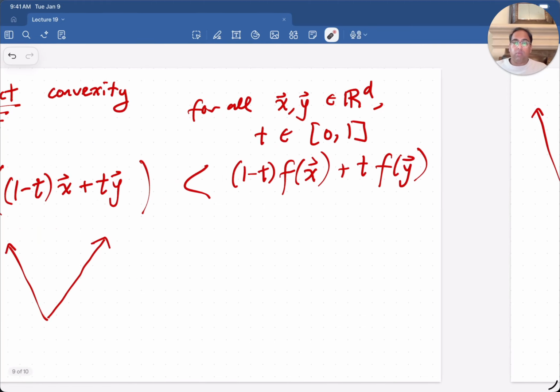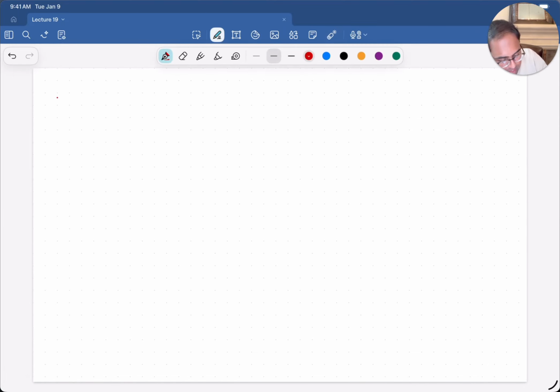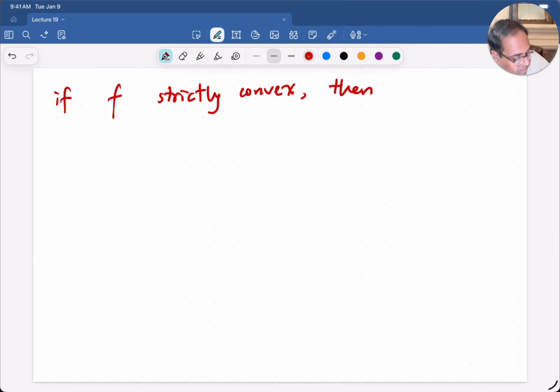And so what I want to prove, and that'll be the last thing we do here in this video, is that if f is strictly convex, then its global minimum, if it exists, is unique.